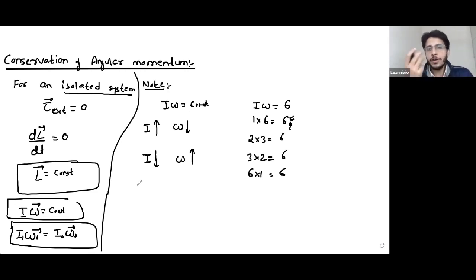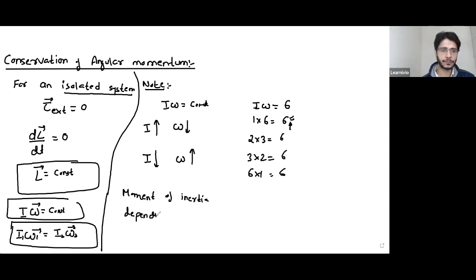Now the next thing is, how would you decide that moment of inertia is decreasing or increasing? See, moment of inertia depends on various factors. One of them is size. So if somehow the size of your system shrinks, then moment of inertia will decrease.